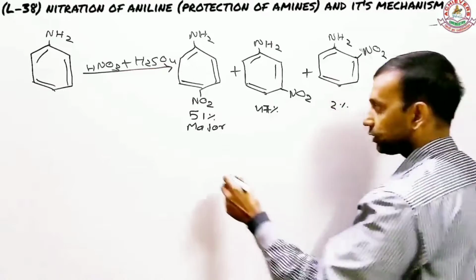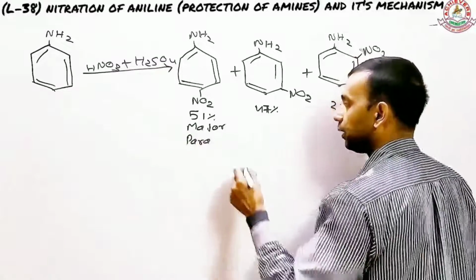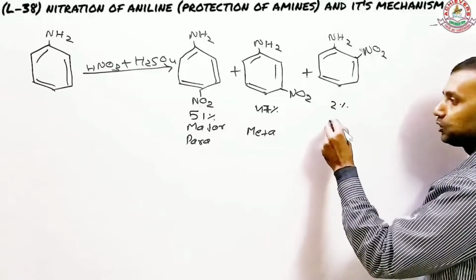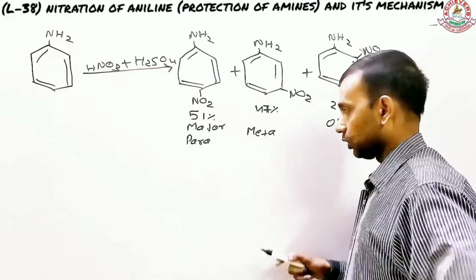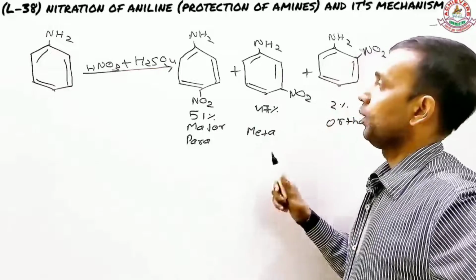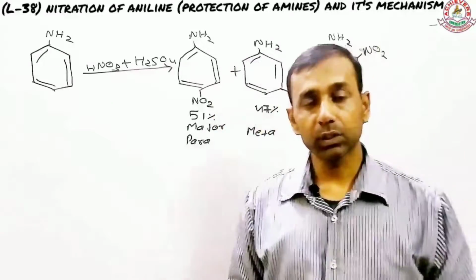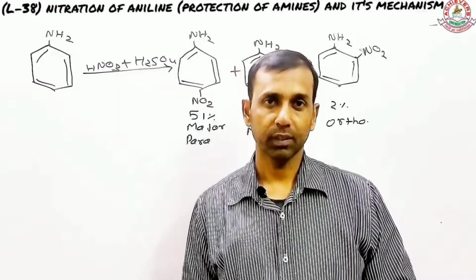Right? So this is your para, this is your meta product, and this one is your ortho product. Now the question is, why not only ortho and para, but also a large amount of product is coming as meta?